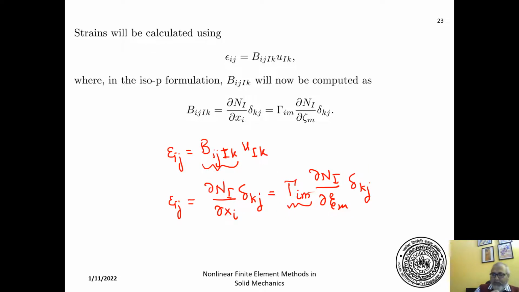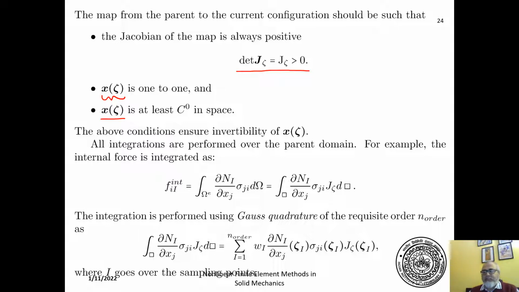So a one-to-one mapping is necessary for this, but then the advantage is that all integrations are now performed over the parent domain.